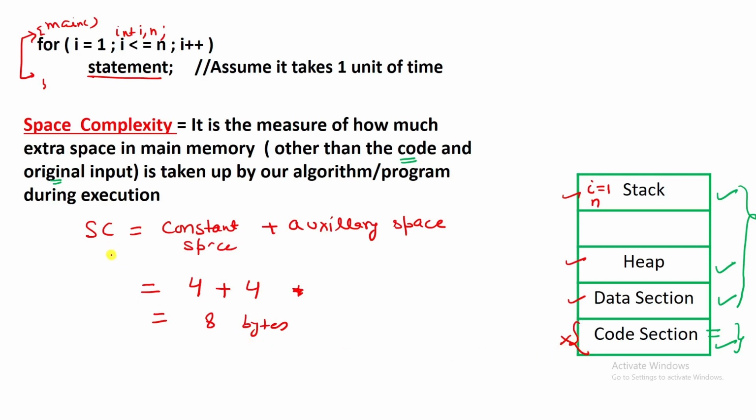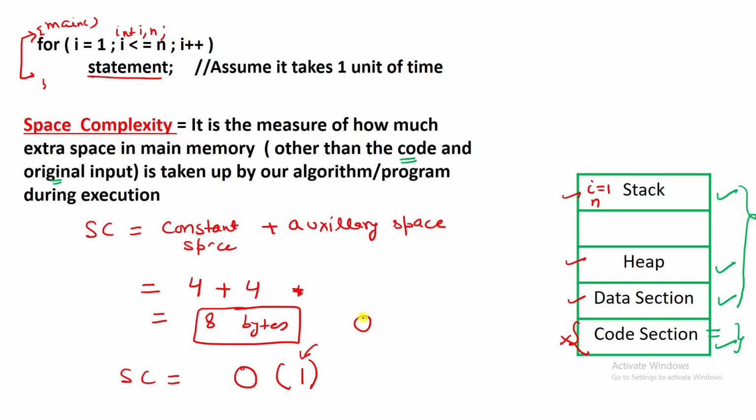So the space complexity will not be 8 bytes; this is the exact number of bytes taken up by the code. As we have seen in our previous video, if there is constant space, then we say that the space complexity is order of 1, big O of 1. This tells us that the space complexity of your code is constant.